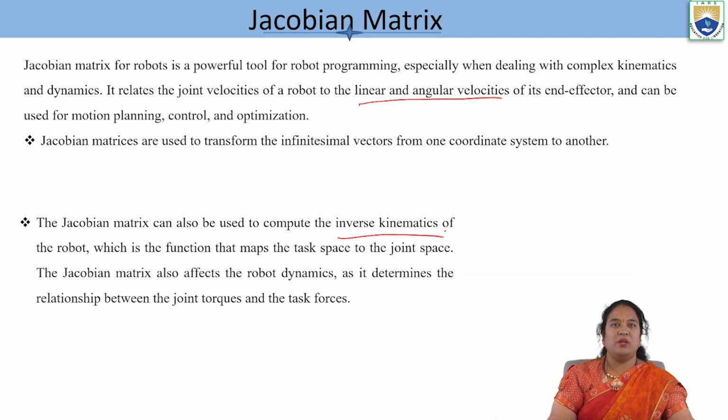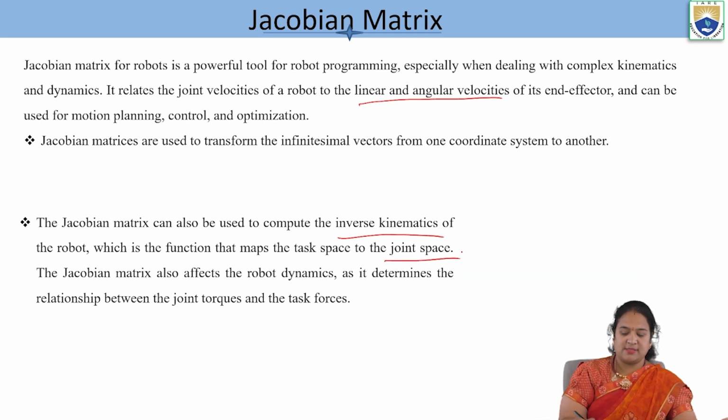The Jacobian matrix not only acts as a powerful tool for writing the programming, but it is also used to compute the inverse kinematics of the robot, where it is the function that maps the task space to the joint space.